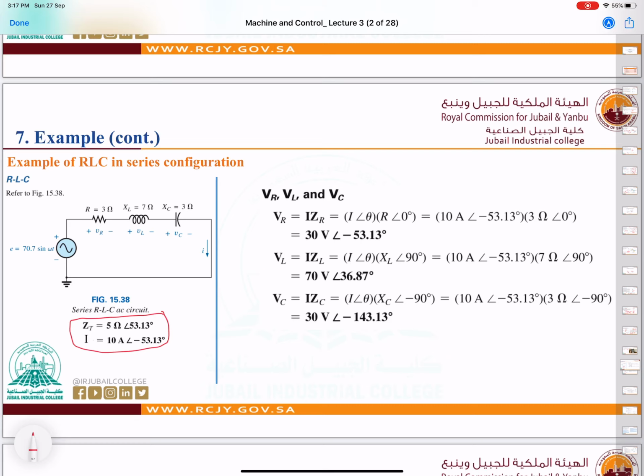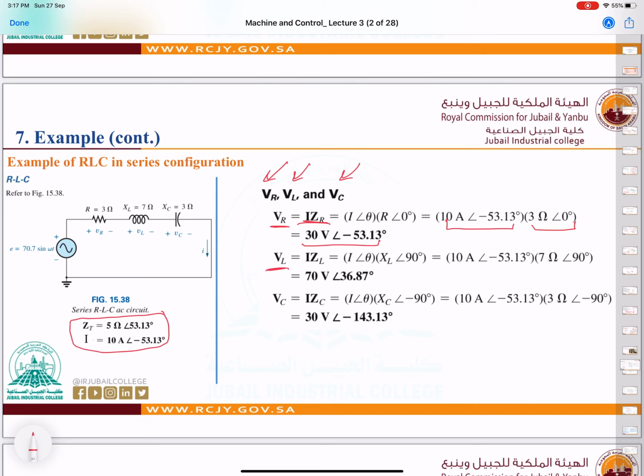Now, in order to find the voltage of the resistor, the inductor and the capacitor, we need to use Ohm's law. So the voltage of the resistor is I multiplied by ZR. I we already found, and ZR is 3 with angle 0. So this is the final answer for the voltage of the resistor.